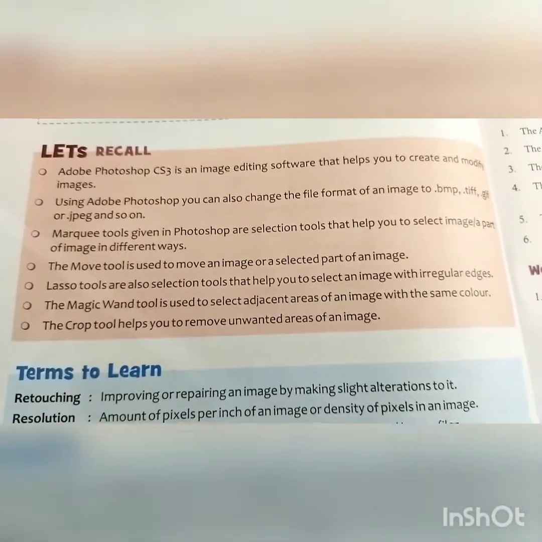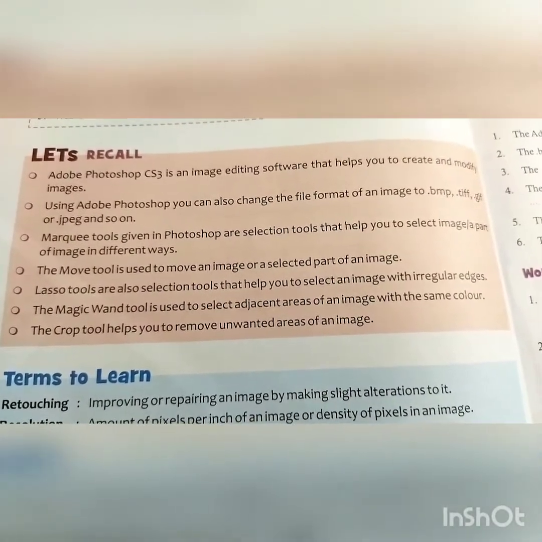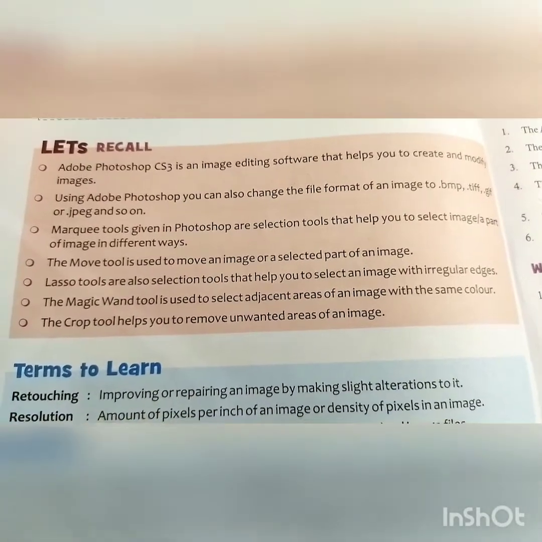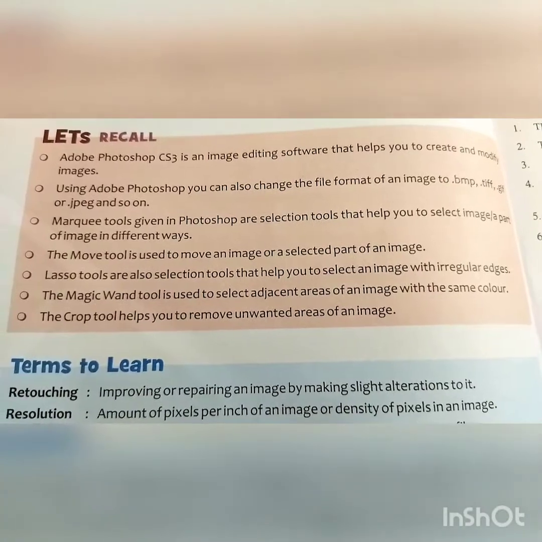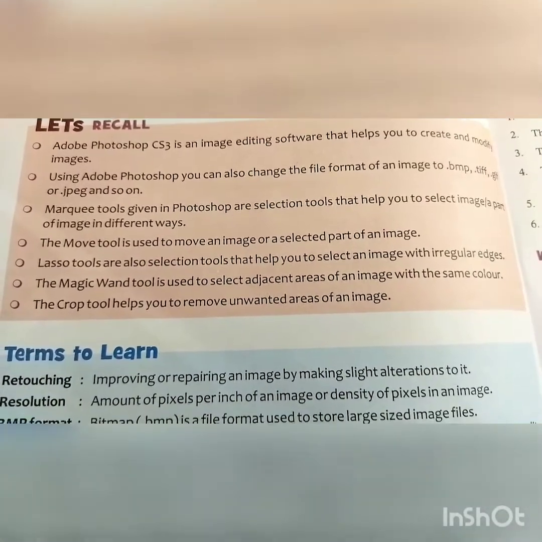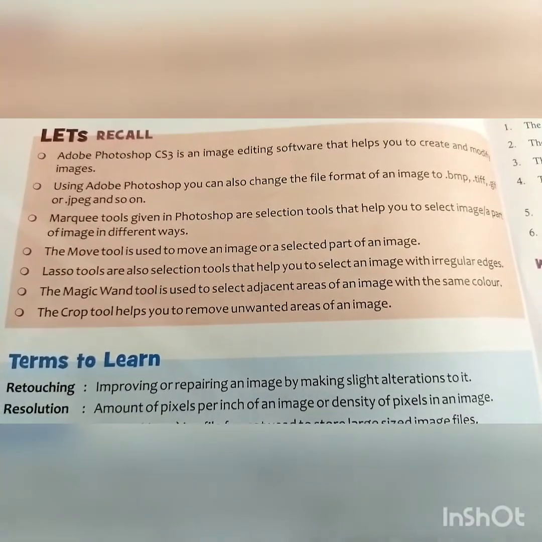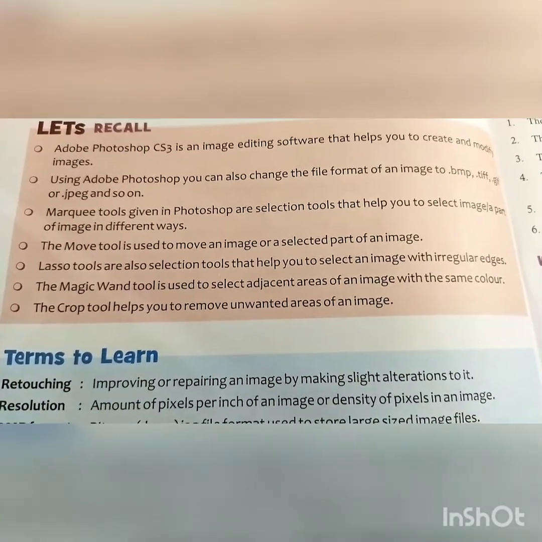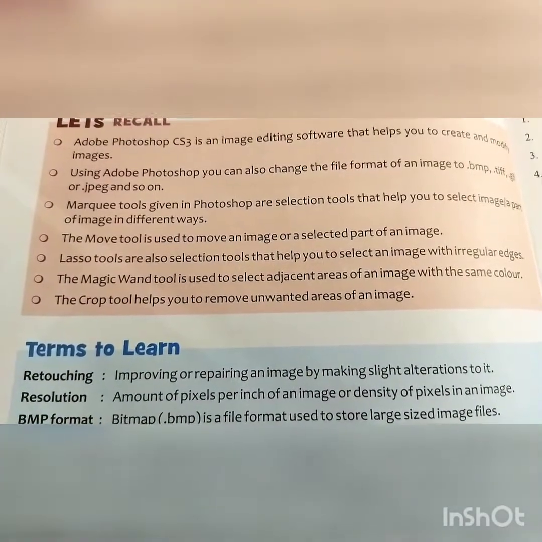Next, let's recall the important points in your chapter. Adobe Photoshop CS3 is an image editing software that helps to create and modify images. Using Adobe Photoshop, you can also change the file format of an image to .gif, .tiff, .jpg and so on. Marquee tools given in Photoshop are selection tools that help you to select a part of an image in different ways.